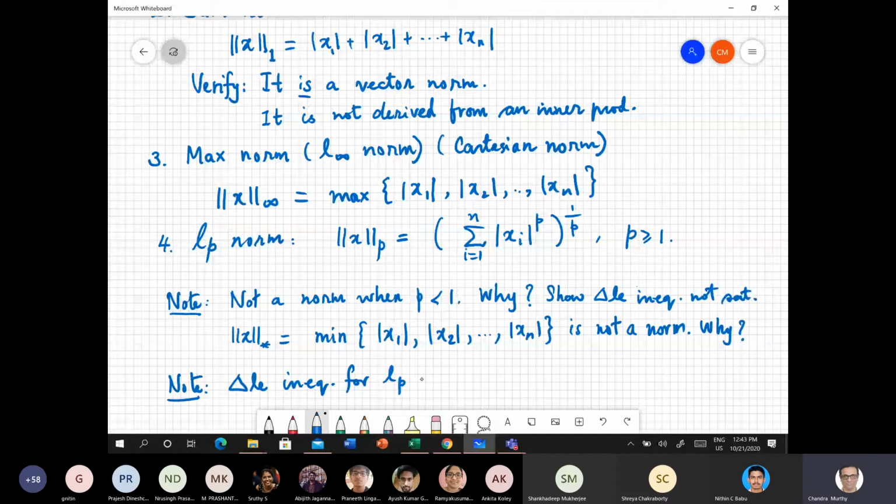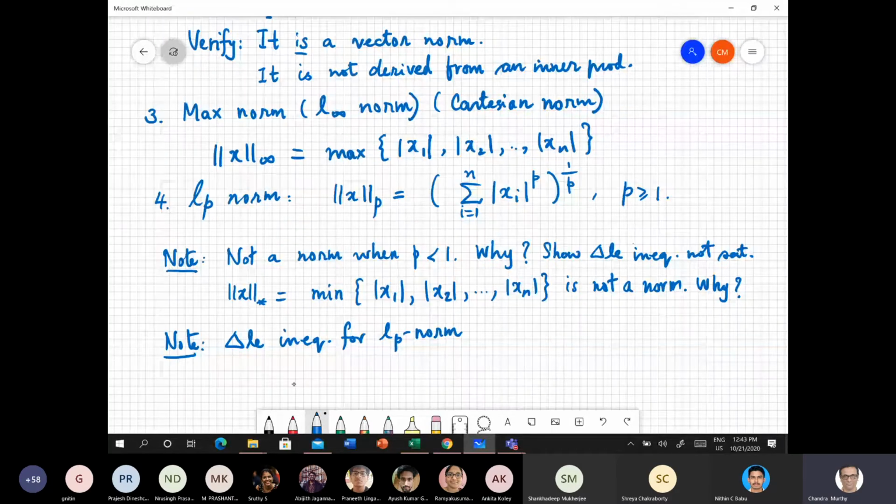The triangle inequality for the LP norm, for p greater than or equal to 1, basically reads norm of x plus y in LP is less than or equal to norm x in p plus norm y in p. Again, it's something to think about. How do you show this? For any p greater than or equal to 1, if you define the LP norm like this, then it satisfies this triangle inequality. And this inequality is called Minkowski's inequality.